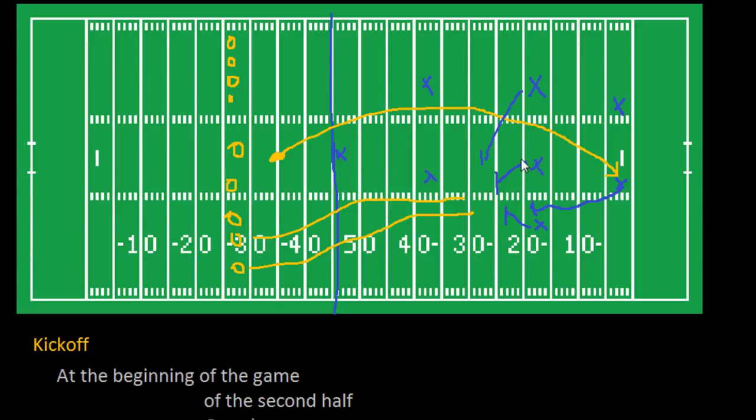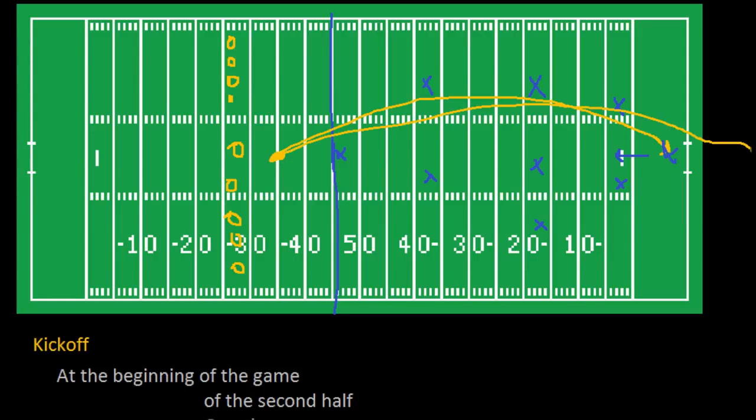If in the event the ball is kicked so far that it goes into the end zone, which is a fairly common occurrence nowadays, and maybe the receiver catches the ball and he decides not to come out of the end zone, or if the ball actually goes out of the back of the end zone, then this would result in what we call a touchback.